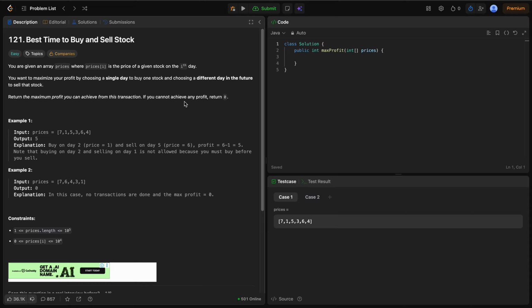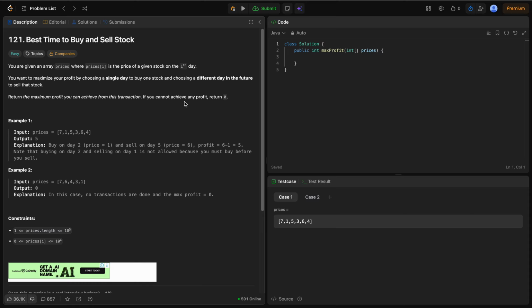I picked random values. In these prices I need to get the maximum profit, and I can get this maximum profit from the whole transaction.